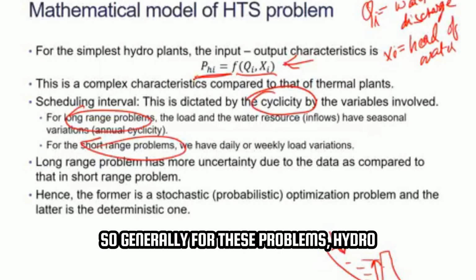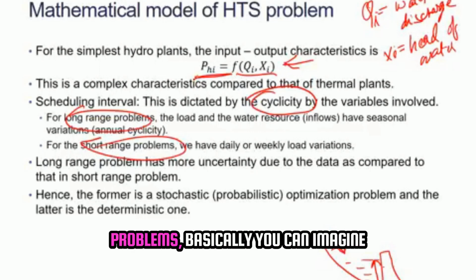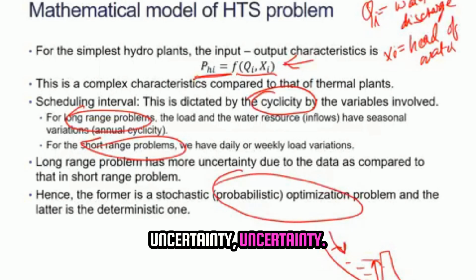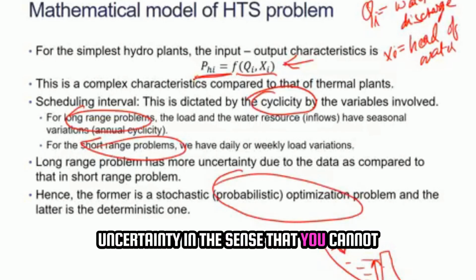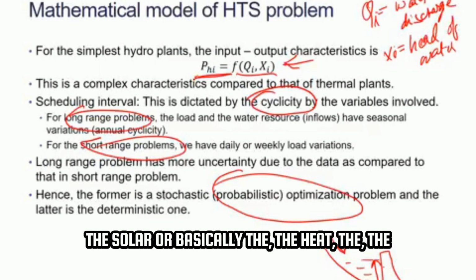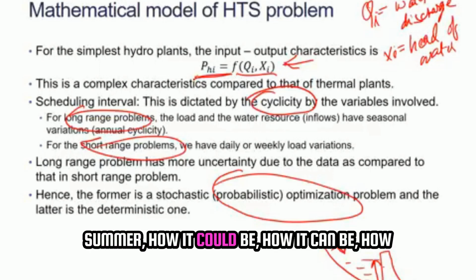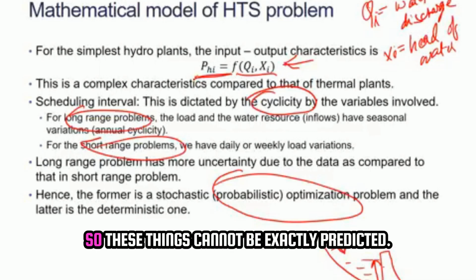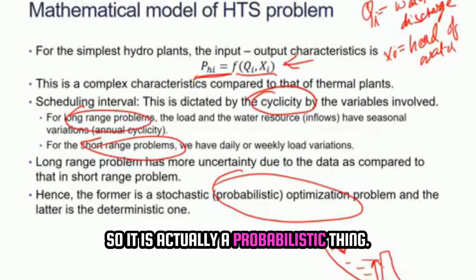Generally for these hydro problems, the uncertainty will be very high. You cannot predict the rain exactly, or the heat of the summer, how cold the winter can be, or how rainy a rainy season can be. These things cannot be exactly predicted, so it is a probabilistic thing.